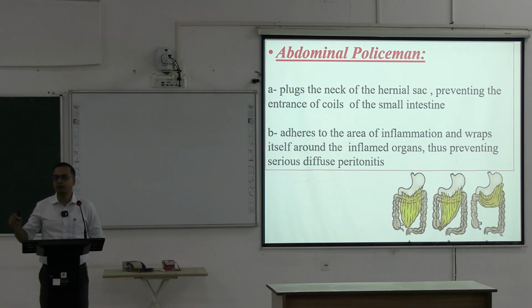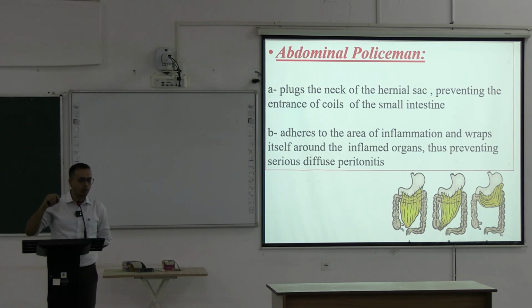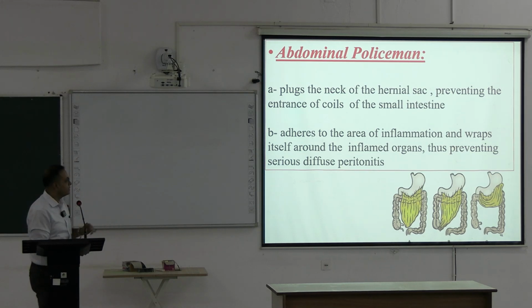So this is the simple answer. You have to mention what the omentum is, what the greater omentum is, and why it is called this. Whenever you have infections, it moves to that side and tries to arrest the problem. If you have any herniations, it reaches there. If you have any pathologies, it moves to that part and tries to localize the problem, just like keeping law and order in place, as police do.